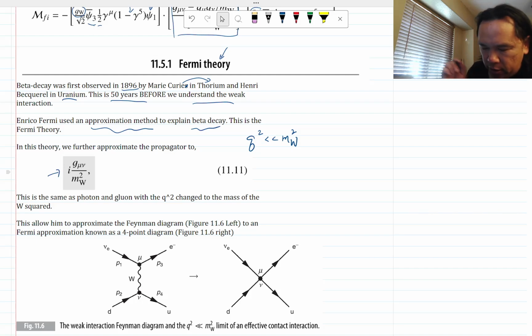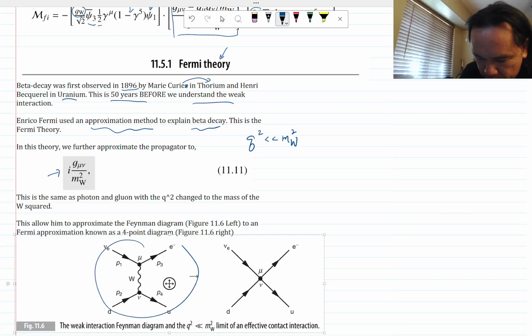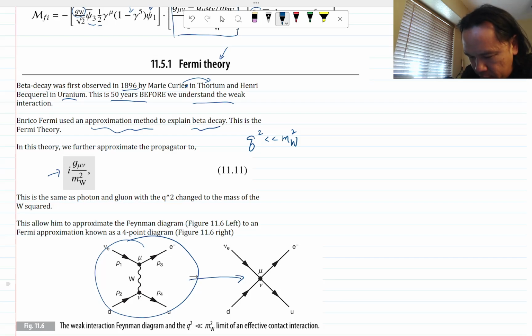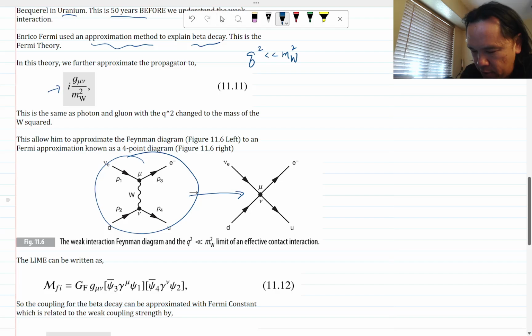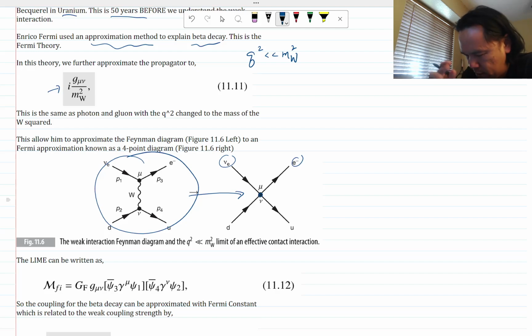And what this does is that it basically turns this Feynman diagram into what's known as a 4-point diagram, where you just have a quark coming in, a quark coming out, which allows the neutron to decay into a proton, and then giving you an electron and the neutrino, the incoming particle, which if you flip the direction of it, turns into an anti-neutrino going out. So a neutrino coming in is equivalent to an anti-neutrino going out of a vertex.